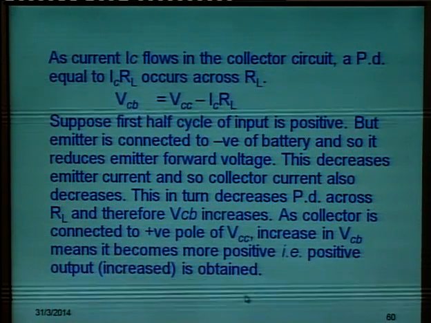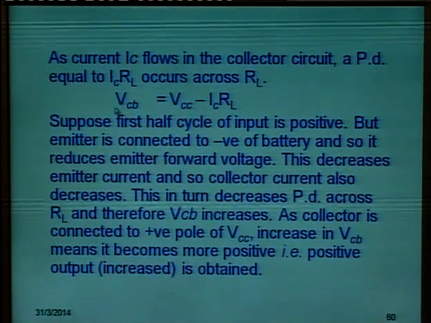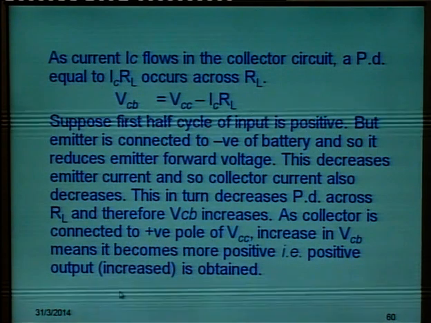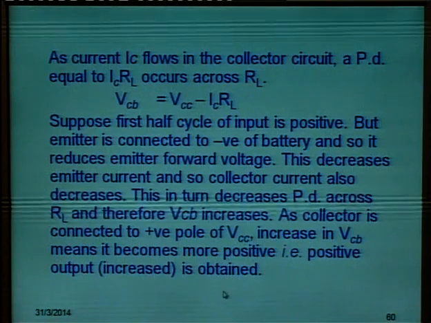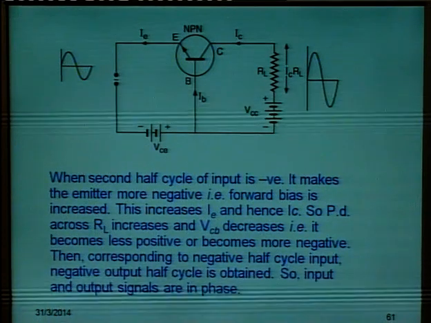Collector is connected to the positive pole of the battery. This means it has become more positive, that is, a positive output is obtained, meaning the positive half cycle has increased.